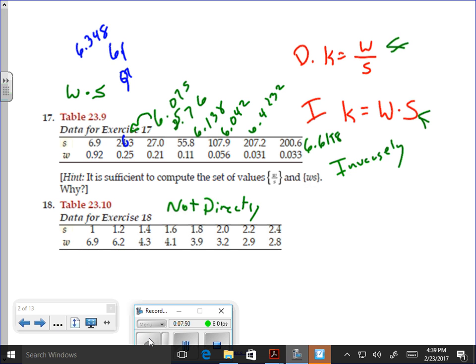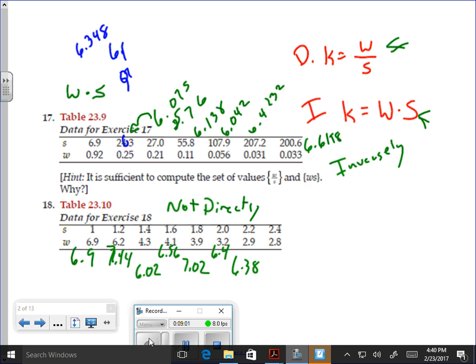I'm getting farther and farther away from being consistent. So let's see if they're inversely proportional. 6.9 times 1 is, of course, 6.9. 6.2 times 1.2 is 7.44. 4.3 times 1.4, 6.02. 1.6 times 4.1, 6.56. 1.8 times 3.9, 7.02. 2.0 times 3.2, 6.4. 2.2 times 2.9, 6.38.